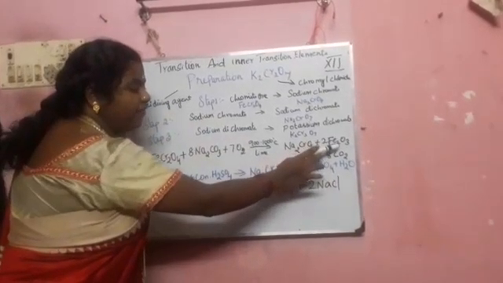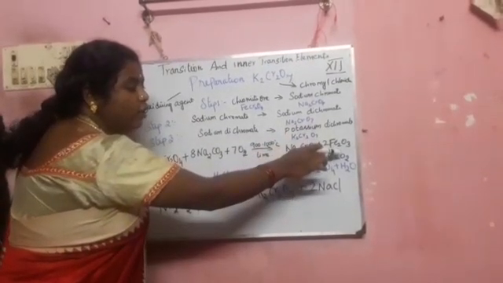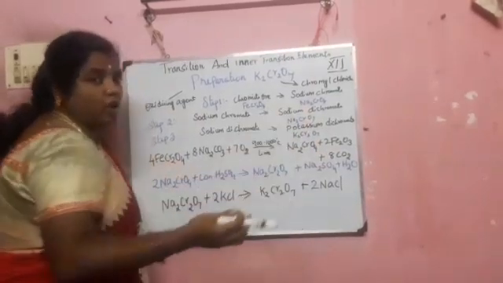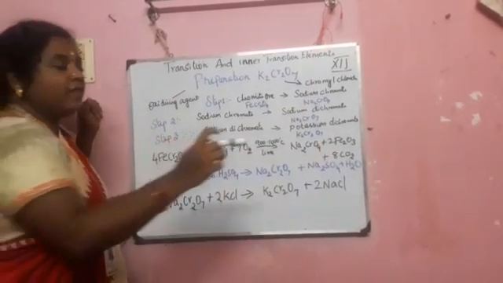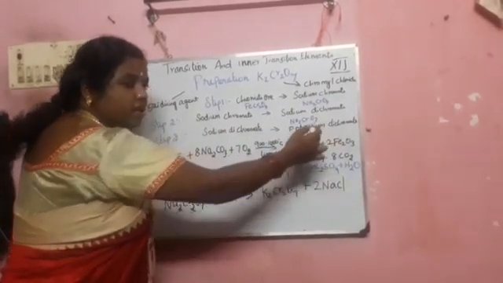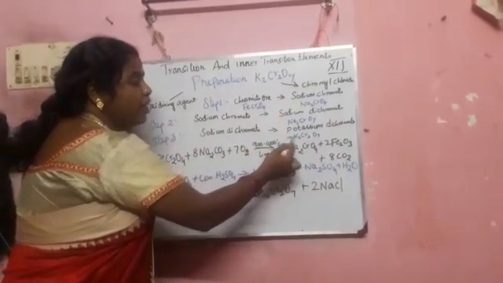Sodium chromate is soluble and Fe2O3 is insoluble. By filtration, the Fe2O3 settles down and we remove it, so we get only the sodium chromate.